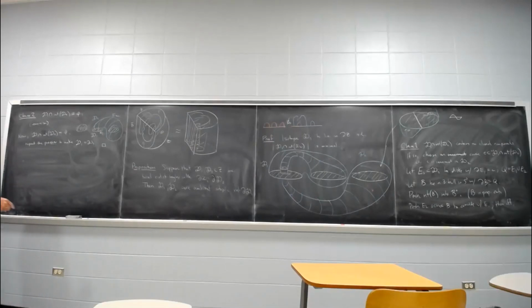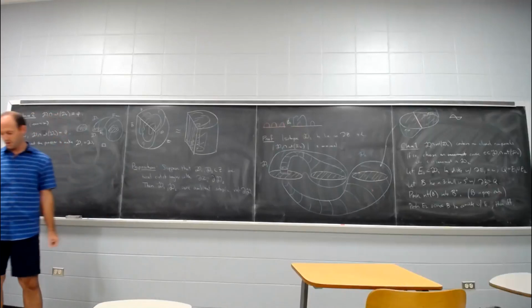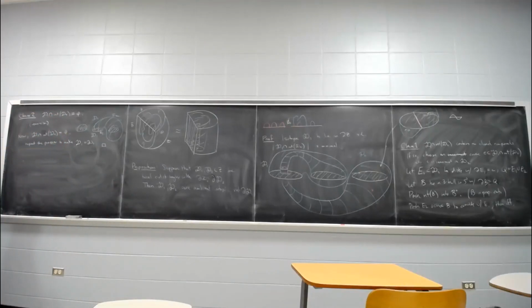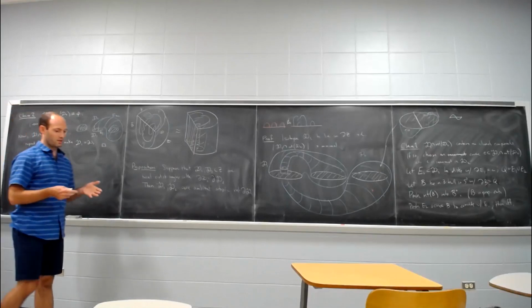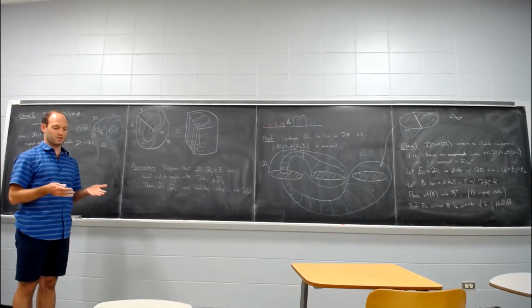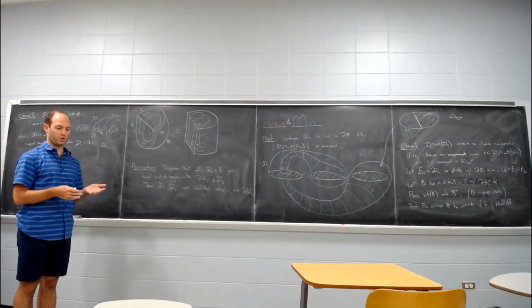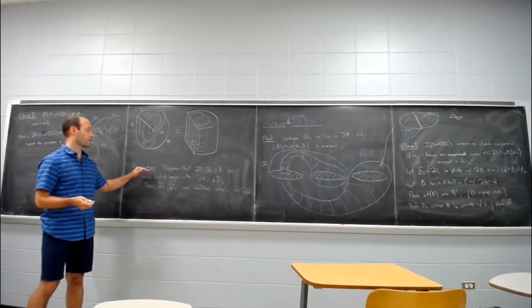Okay, and I should say this is a pretty old proposition. It's not actually clear who it should be credited to. There's a paper of Chuck Livingston where he proves that any two Seifert surfaces for an unlink with the same Euler characteristic and the same boundary are isotopic in the 4 ball. So this would be a corollary of that.